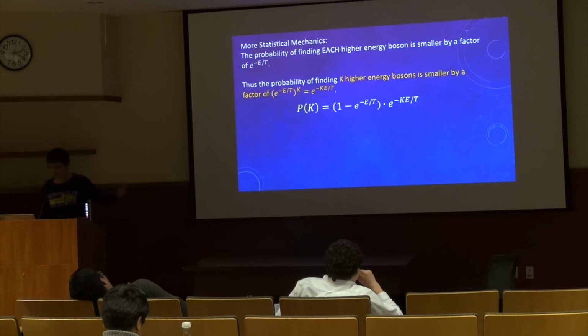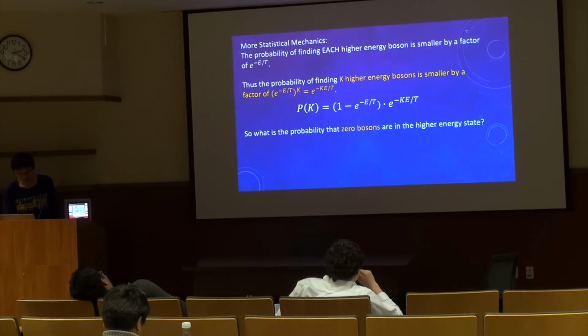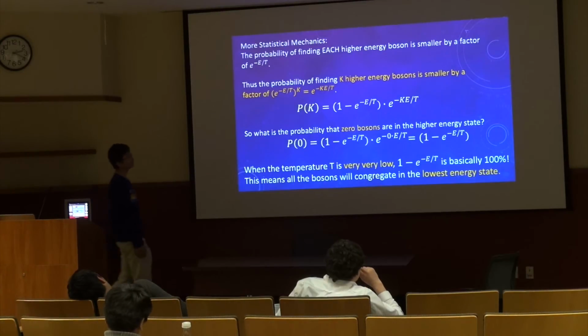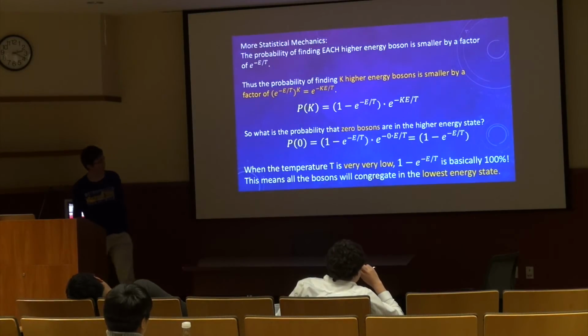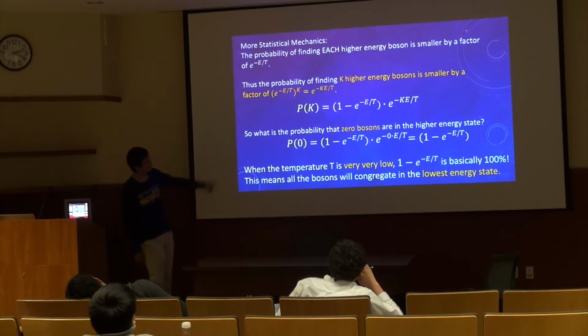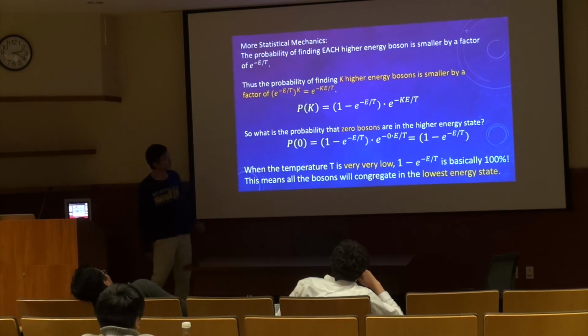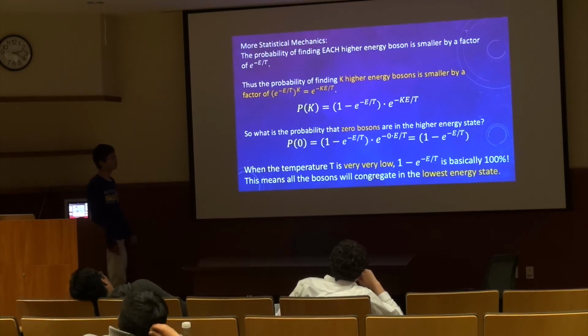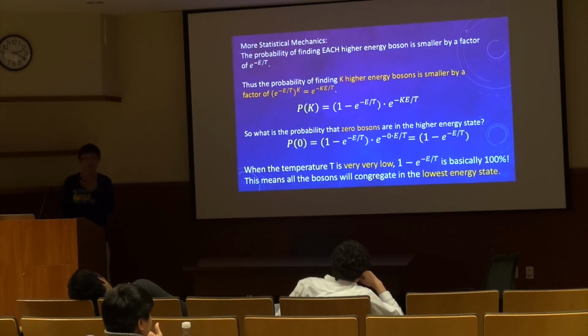And basically using Eric's argument earlier, the probability of finding 0 higher energy bosons, if you just plug in k equals 0, the expression just turns into 1 minus e to the negative E over T. And if e to the negative E over T goes to 0, then P of 0 basically equals 1, or very, very close to 1.